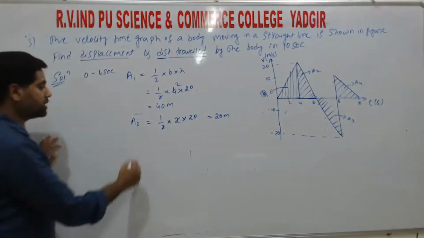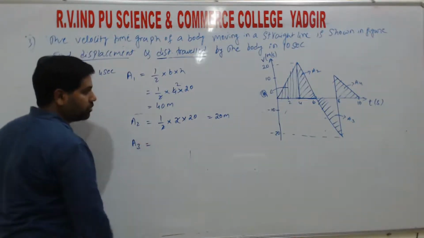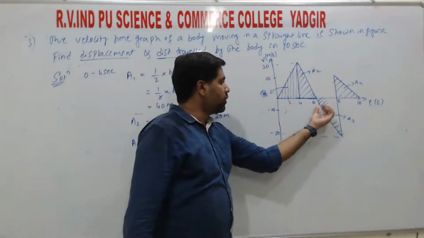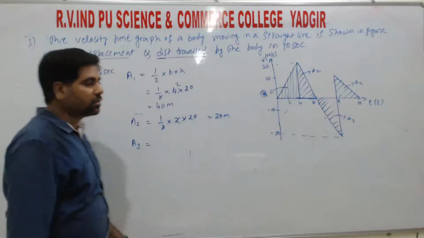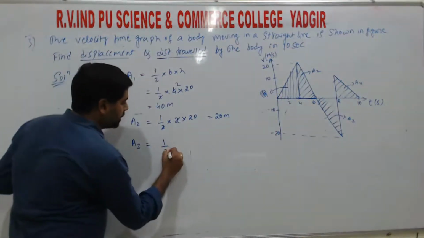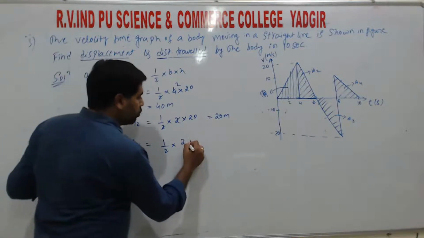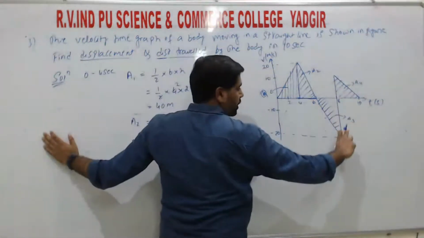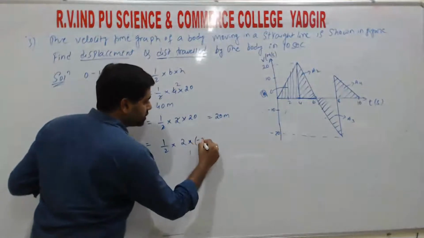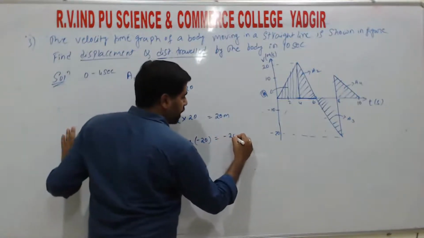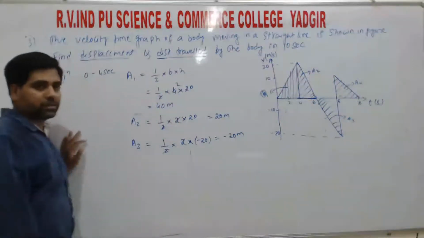Right? So next area A3. The base is 8 minus 6, which is 2, into height. So what is the height here, from here to here? Minus 20. Right? So the 2 gets cancelled. We get minus 20 meters.